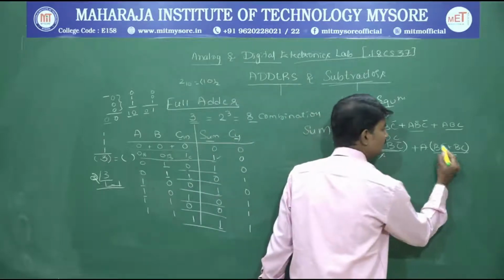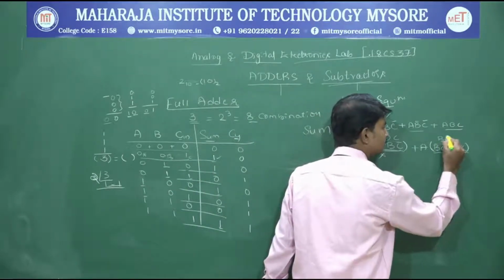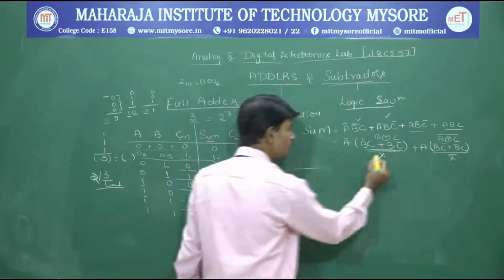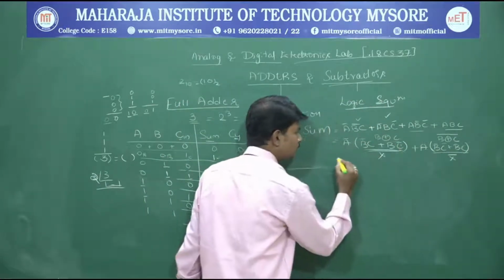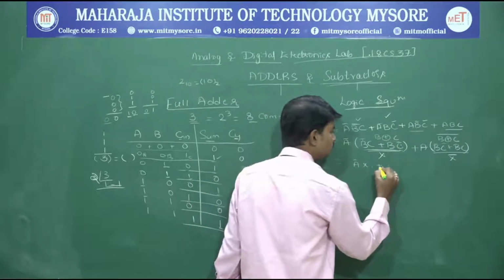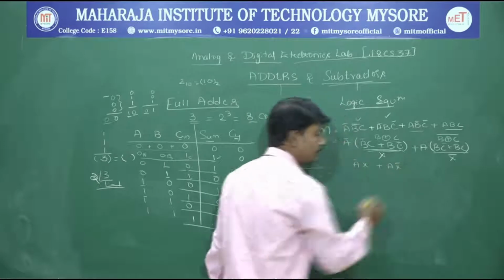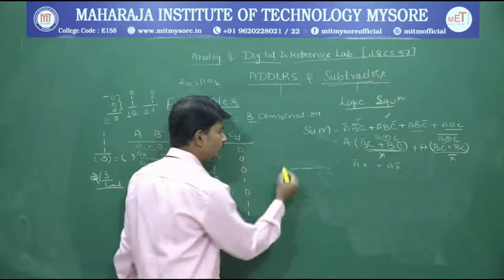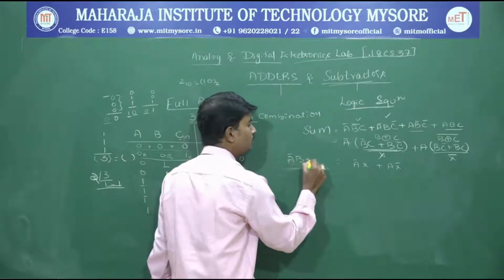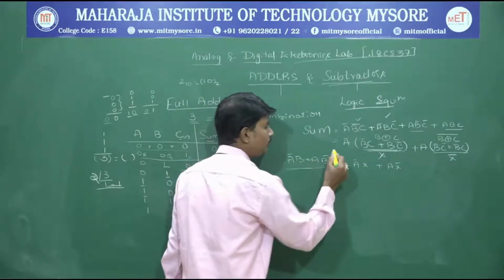Then the other part can be B XOR C whole bar, which is X bar. So if you consider this whole thing as X, you can rewrite the equation as A bar X plus A X bar. Again it is in the form of A bar B plus A B bar itself.